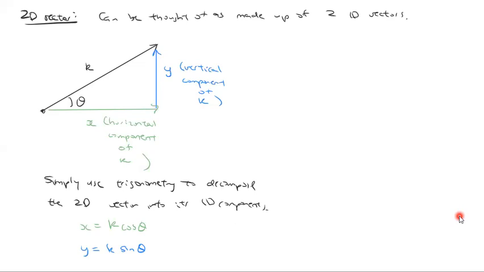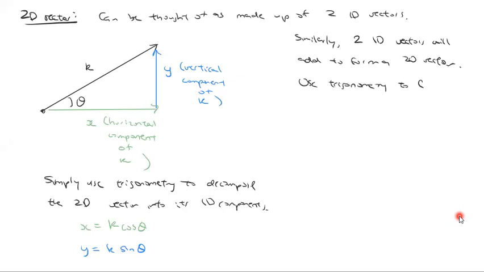So similarly, two 1D vectors will add to form a 2D vector. Use trigonometry again to find the magnitude and direction.